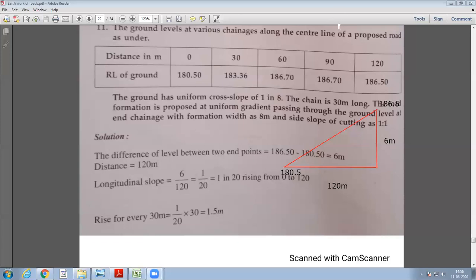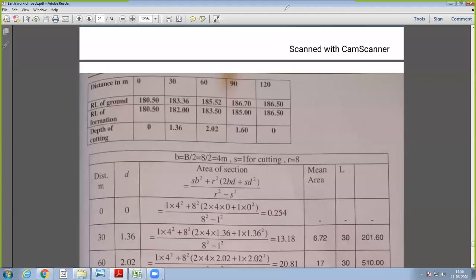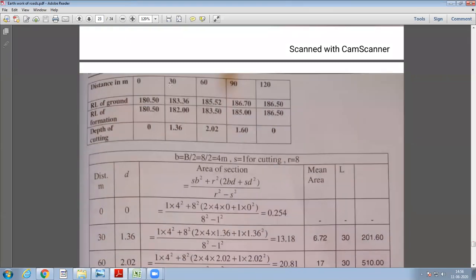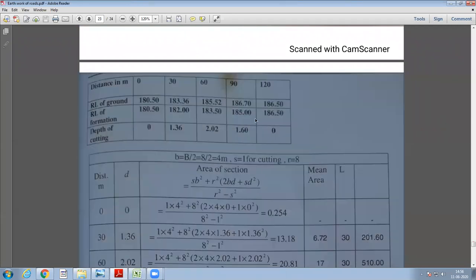Now, to calculate this table, distance, RL of ground level as usual, to get the RL of formation, we know that the formation level should pass through the ground level. That is, the first point RL of the formation and the last point should be same as RL of ground level.